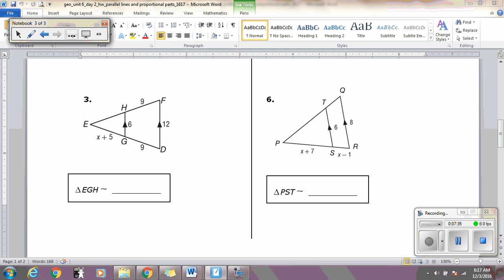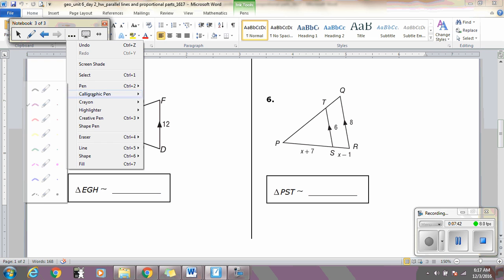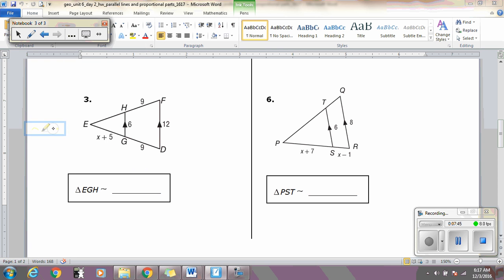I would recommend that you separate the triangles into 2. So, in other words, pull out this little triangle right here, EHG, by itself. And label EHG with EFD.